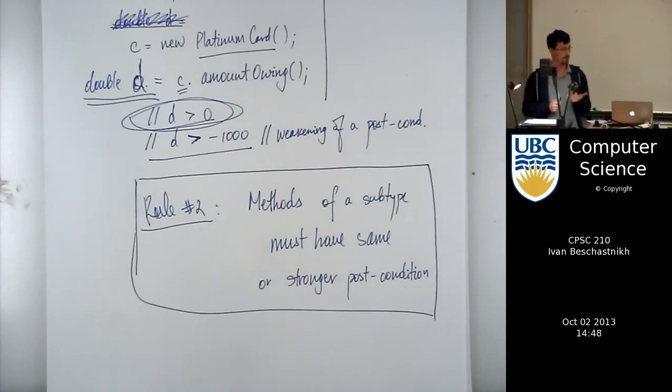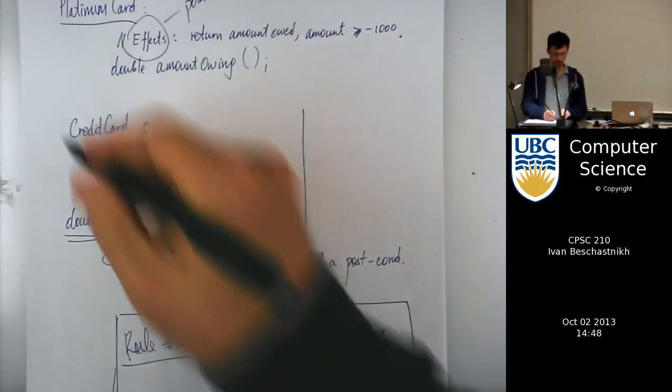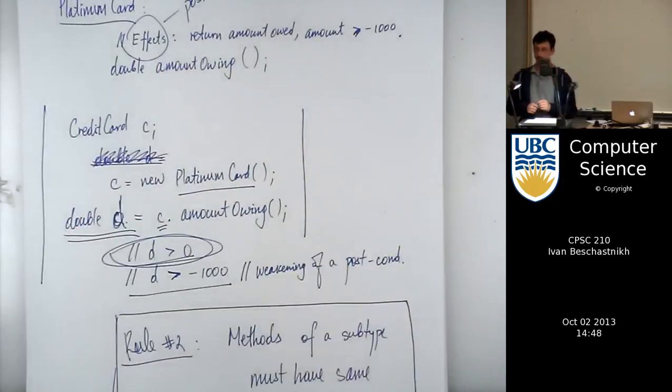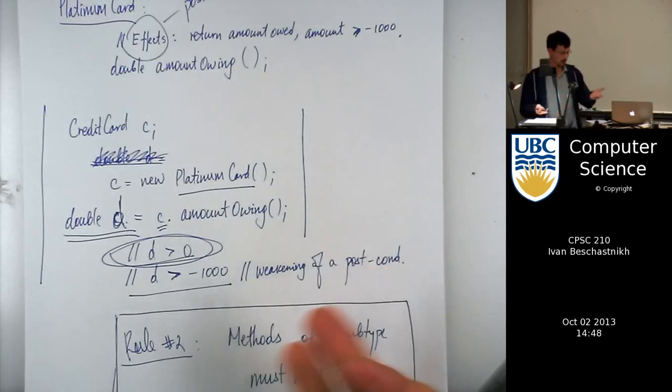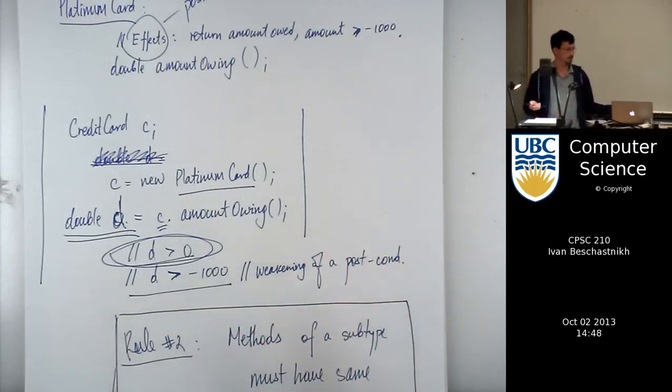So that's what substitutability is about. When we get code like this, my compiler is not going to tell me that this is illegal, because it can't do these sorts of checks. You have to reason about my specifications, and my specifications right now are in the comments. So you can't really make this check for me. You, as the programmer, have to make this check.